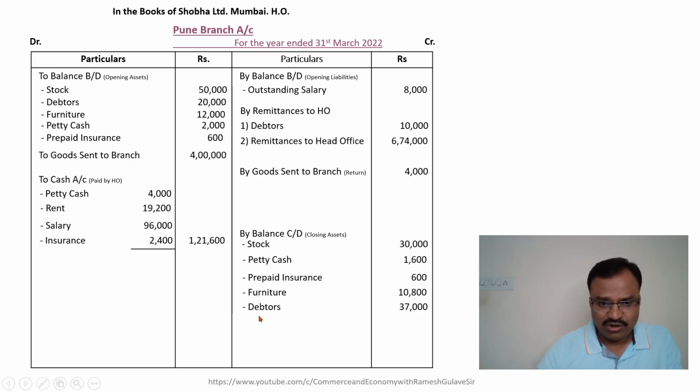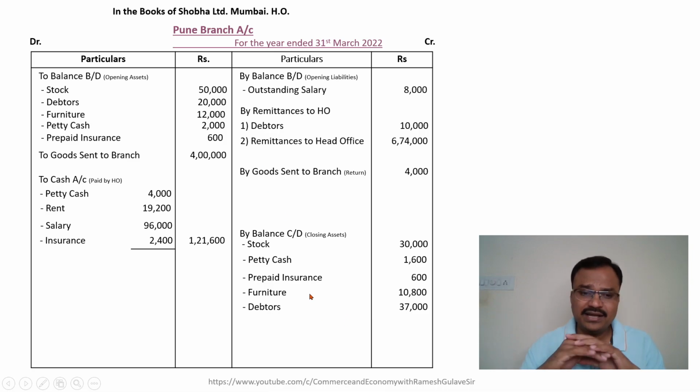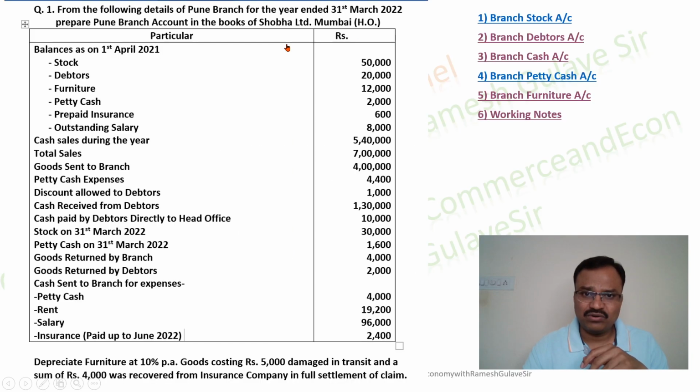But as we have prepared the debtors account in order to find out the closing balance of debtors, similarly we have prepared the cash account in order to find out the amount of cash which is sent by the branch to the head office. Similarly, we have prepared the furniture account to find out the closing balance of furniture. Now, other information is available, which means there is no need to prepare any extra account.